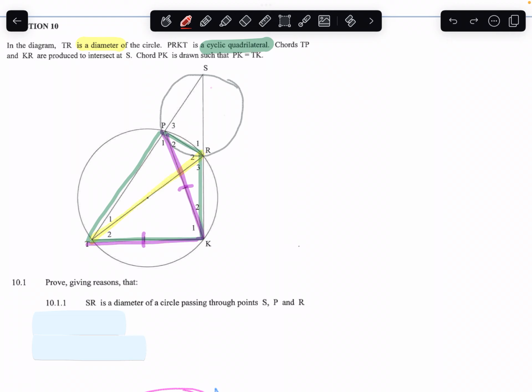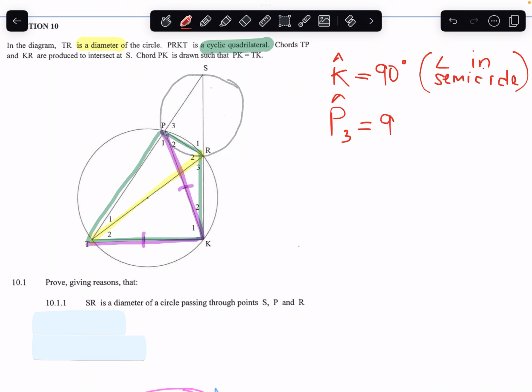Okay, so we will say angle K is equal to 90 degrees because angle in semicircle. Okay, and therefore angle P3, so nice of them to label that for us, because opposite exterior angle of a cyclic quad.